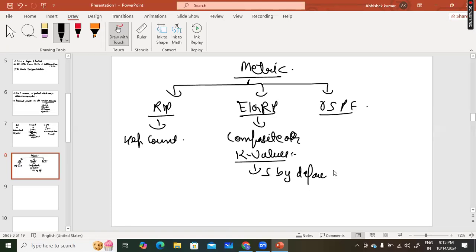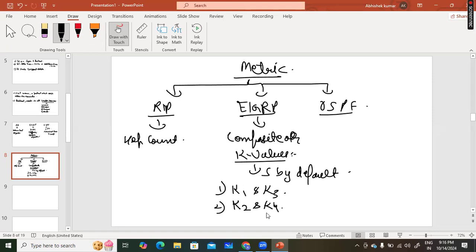And by default, which K values are used to calculate the metric? K1 and K3. And as per Cisco recommendations, K2 and K4.